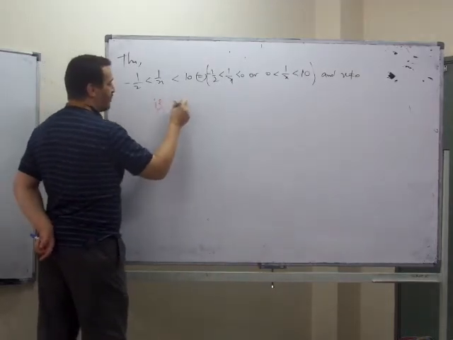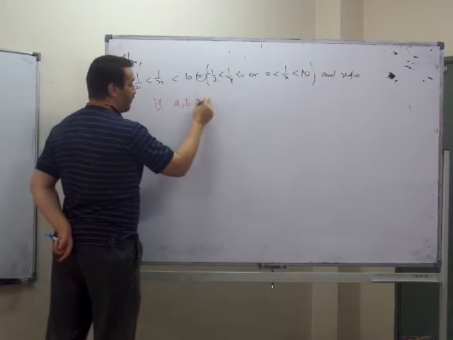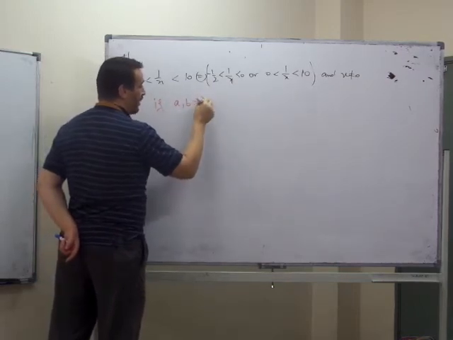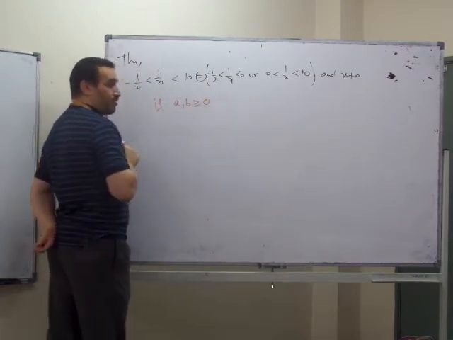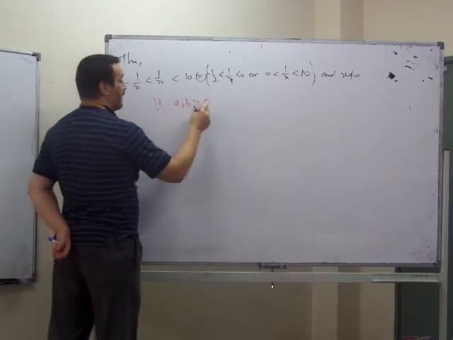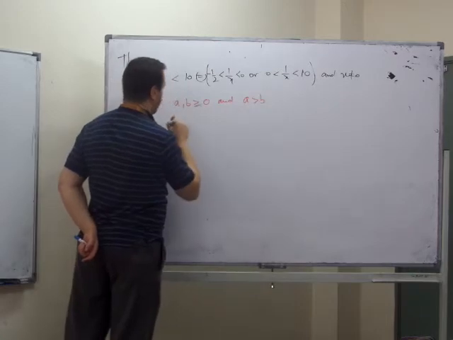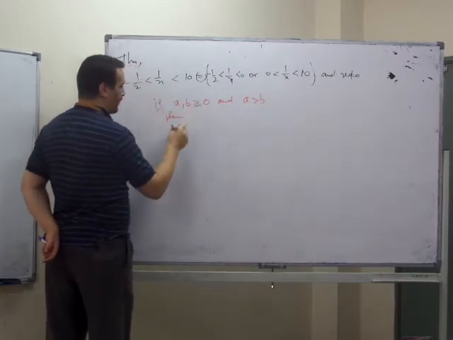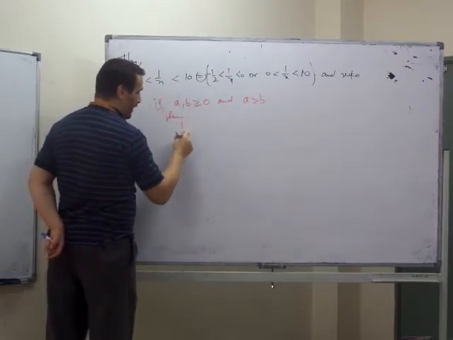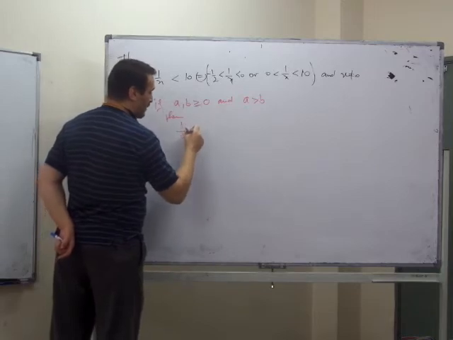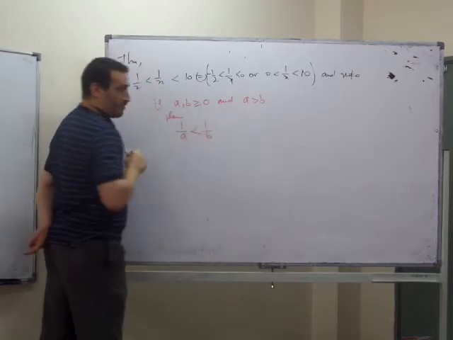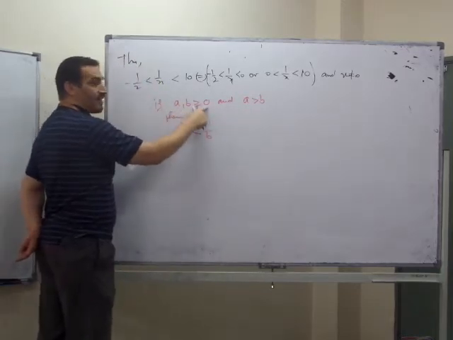We have if A and B, both of them strictly positive, and A is less than B, then 1 over A is less than 1 over B. Both my quantities are bigger than 0.